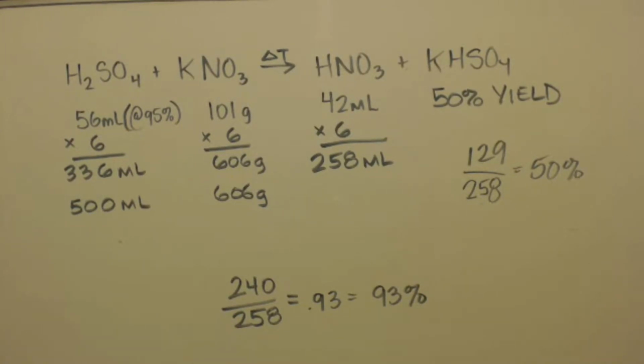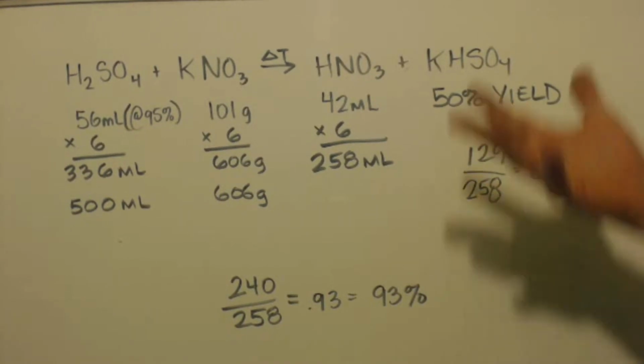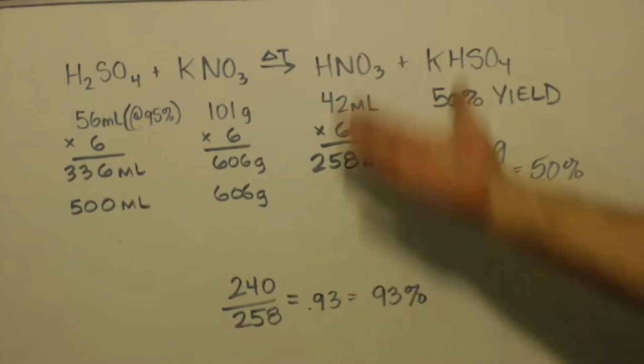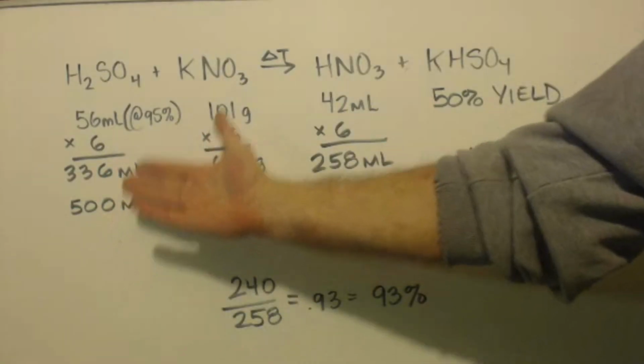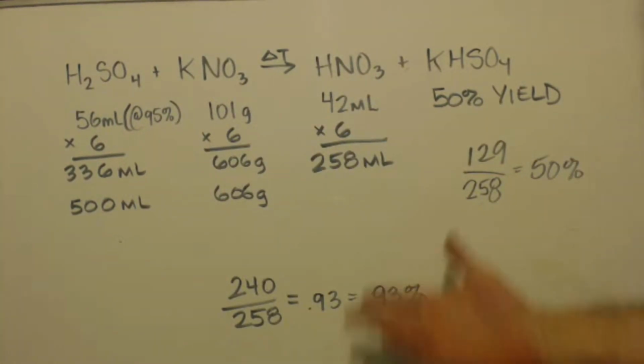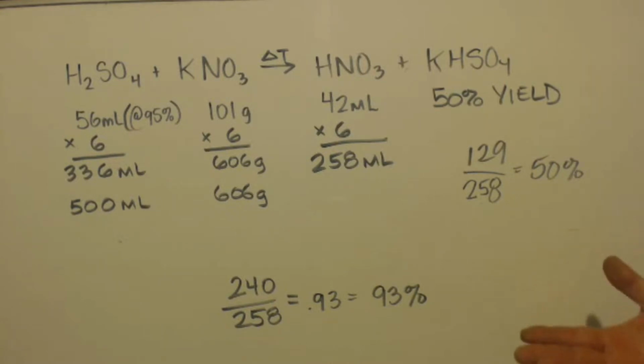When I find a new method, I'm going to go to the discussions and say, hey, I found a new method. This is better. Add a little bit more sulfuric acid, and instead of getting 50% yield, you'll get 93. You know what I mean? So you can also go there to the discussions, and that's all that'll be in the discussions, just once in a while I say what I'm doing. I tell if I got a better method or something.